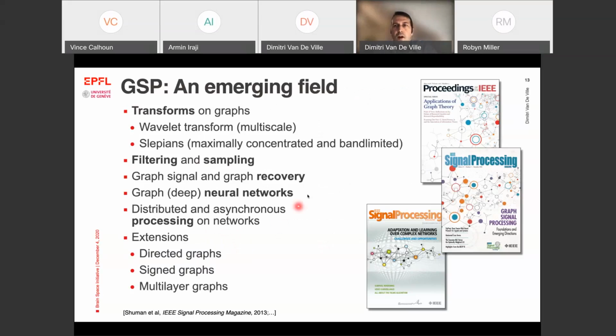And there have been already a couple of special issues, both in the IEEE Signal Processing Magazine and the Proceedings of the IEEE, where people are generalizing transforms to graphs, looking at various instances for filtering, sampling, and recovery, and even more recently proposing graph deep neural networks or doing distributed and asynchronous processing on networks. So if you're interested in this, I really recommend you to look at these special issues to see what's going on.